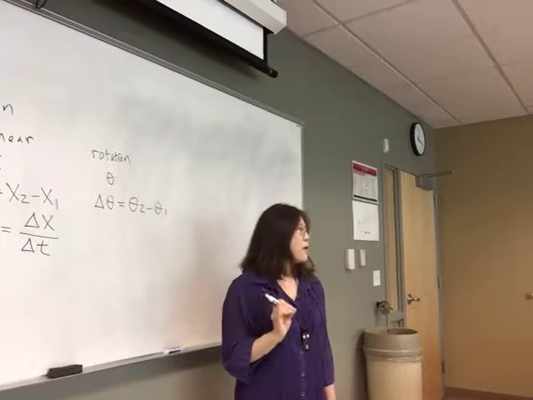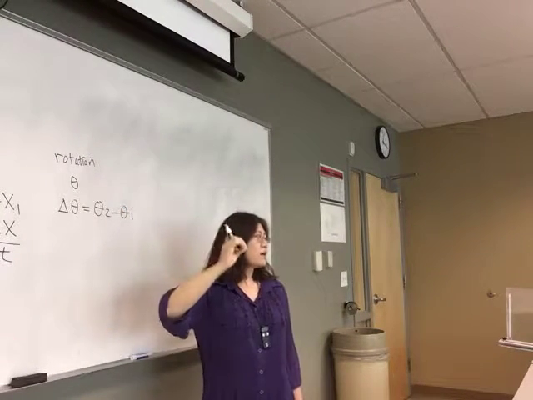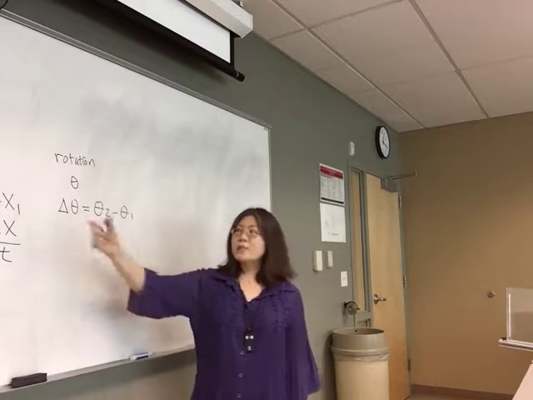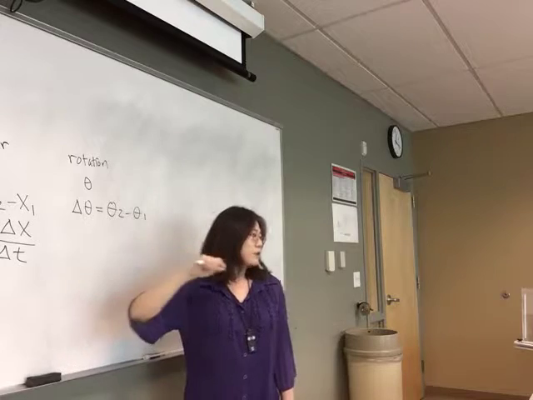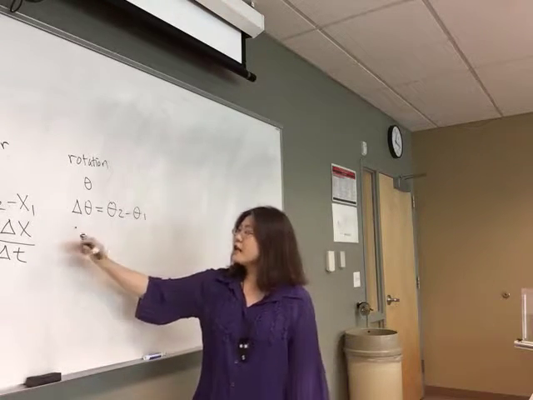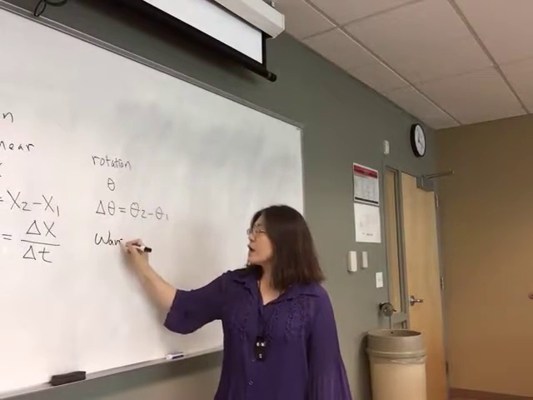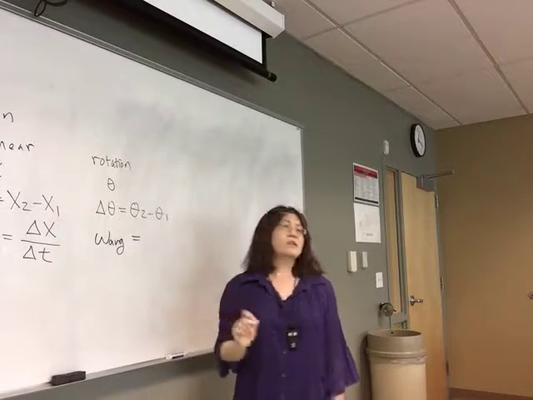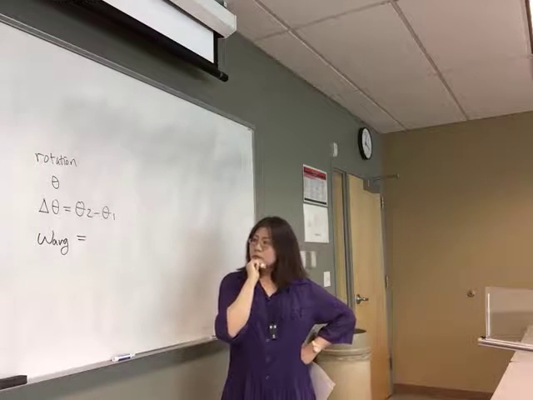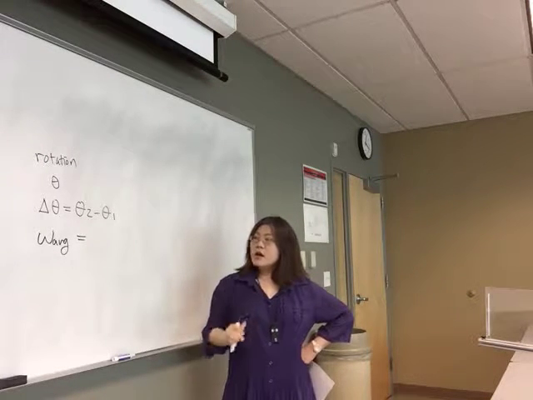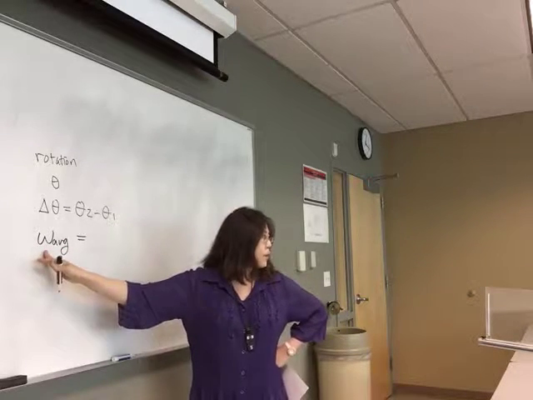We call that angular velocity. Everything about rotation has the extra word angular in front of position, in front of velocity, and later we'll find out there's one for acceleration as well. So just by drawing the analogy, what will be the average angular velocity? We call that omega, not w.